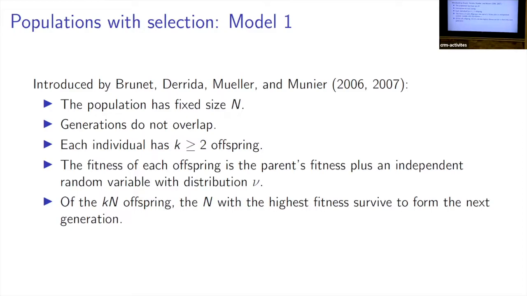And the fitness of each offspring will be the parent's fitness plus an independent random variable with some distribution, say nu. Now, because each individual has k offspring, this means there are going to be k times N offspring produced, but the population size needs to be fixed at N. And so we say that the N individuals with the highest fitness survive to form the next generation.